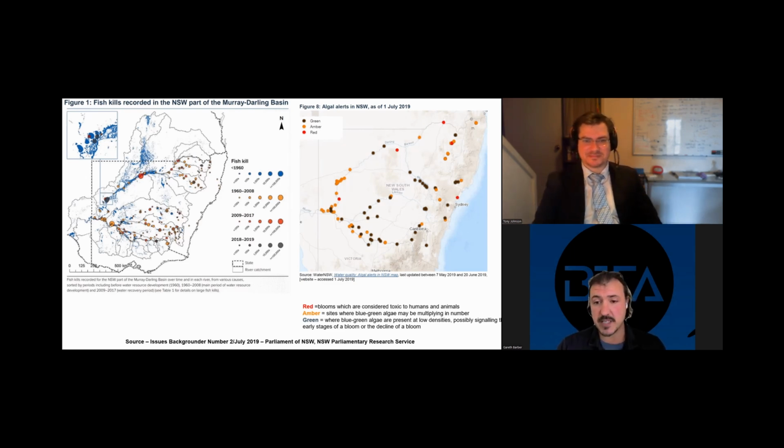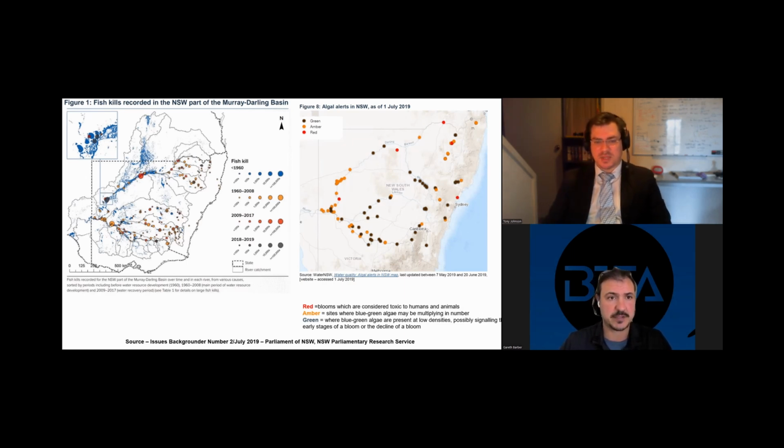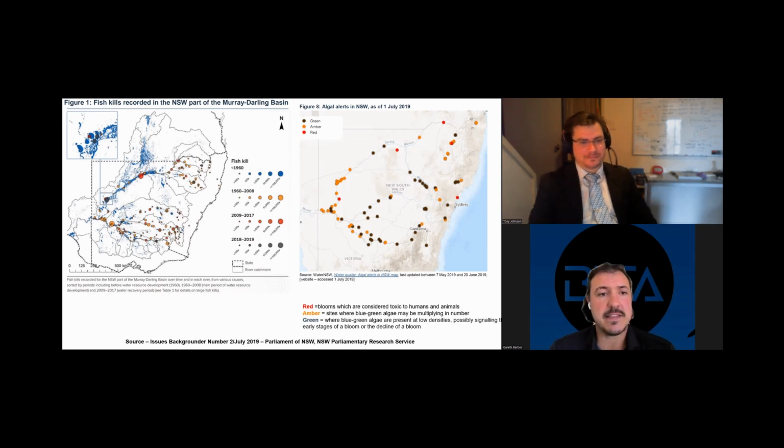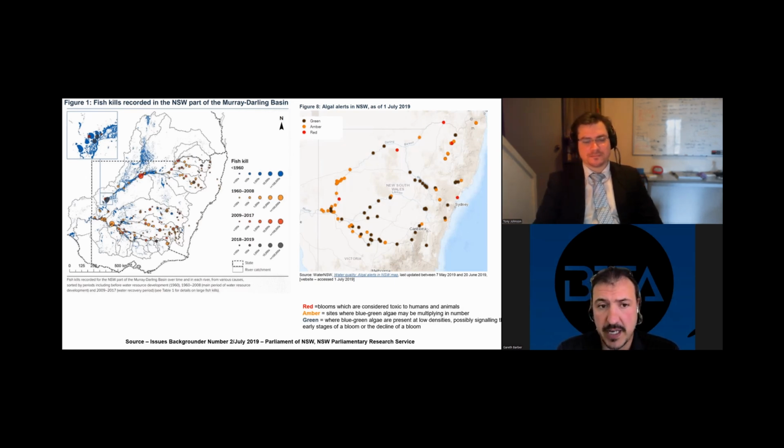Well, as we can see from the graphs and the pictures, we'll start on the fish kills on the left hand side. You can see that we have 4 different time periods, and the keys under those time periods enable you to see the size of the fish kill, indicated by the size of the dot that is present.